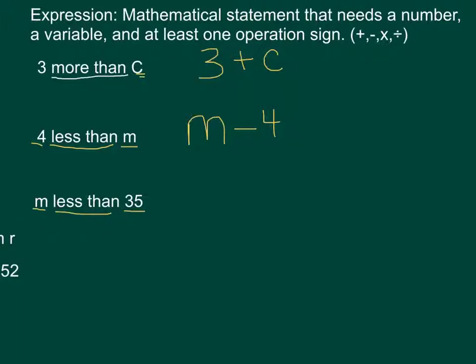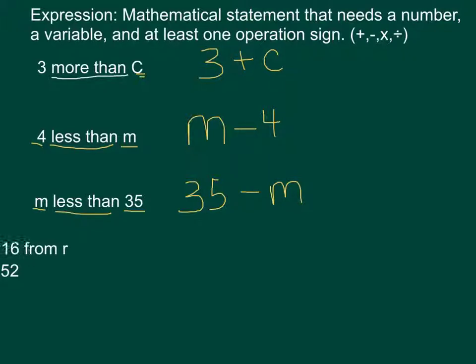Or do we start out with 35? If you said 35, you would be correct. 35, now I have M less than. So I don't know how much M is. That's okay, we don't have to. We just simply indicate that we have that much less, however much that is.